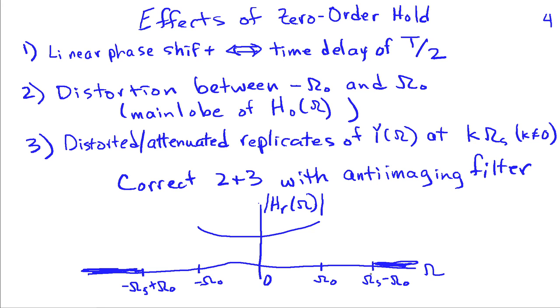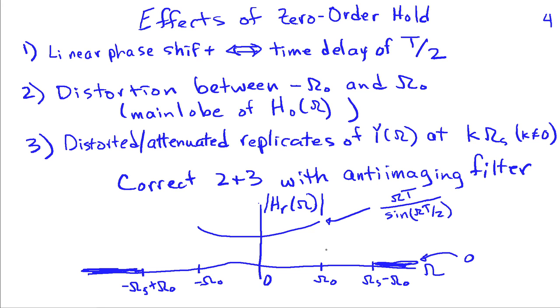And the first place they start is omega sub s, the sampling frequency, minus omega naught. So if I force this to be 0 out here, and in the passband, or in the bandwidth of the signal, we'll have 1 over the sinc function, that H0 of omega.